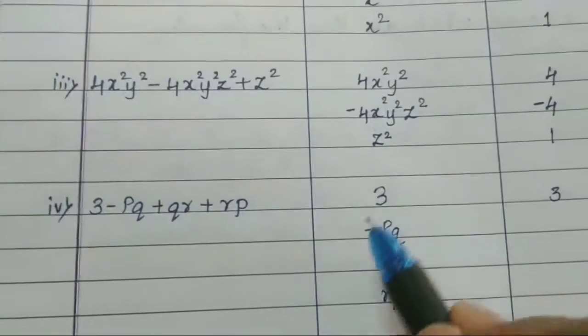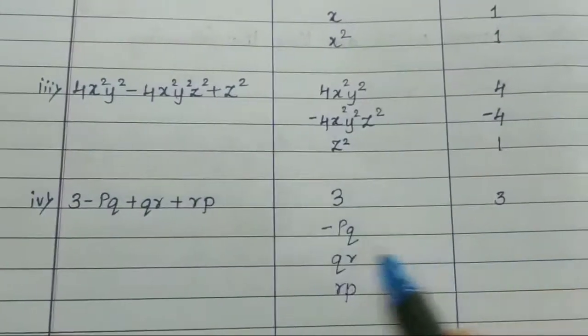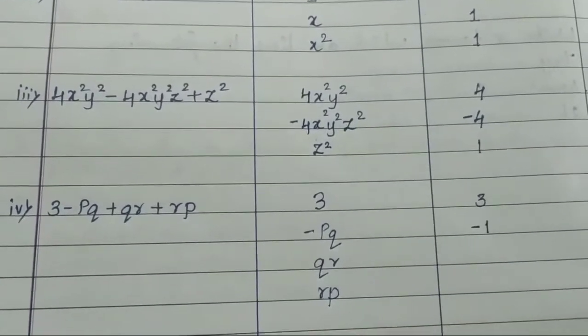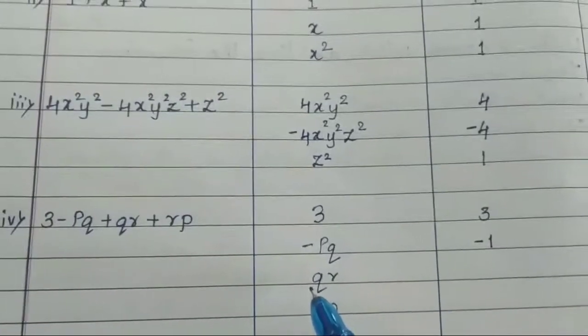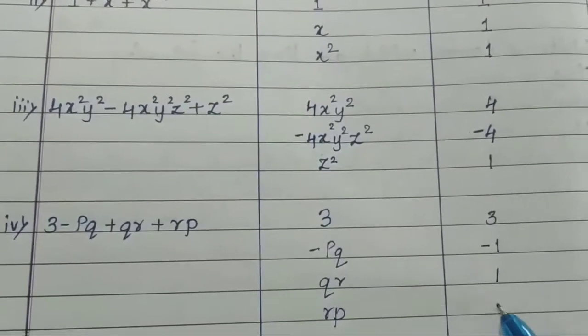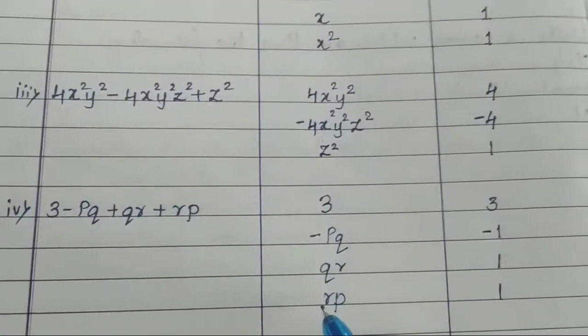Okay, and for the coefficient of minus pq, as you can see here minus is given and no number is given, it means it will be having minus 1 as its coefficient. Okay, and the next is qr, it is having 1 as coefficient and rp is having 1 as coefficient because it is not having any number here.